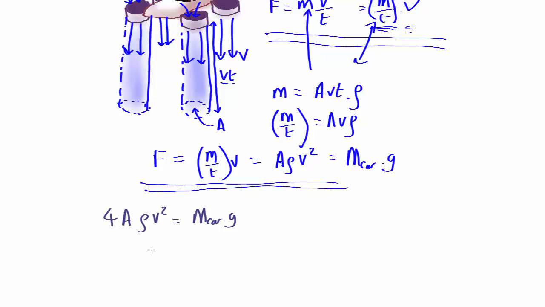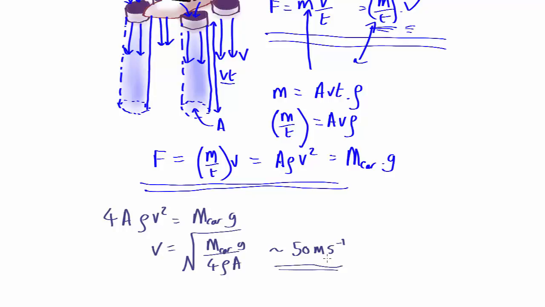So we'll end up that v equals the root of m car g over 4 rho A. If we have an A of 1, that comes out as about 50 meters per second, which is very fast indeed.